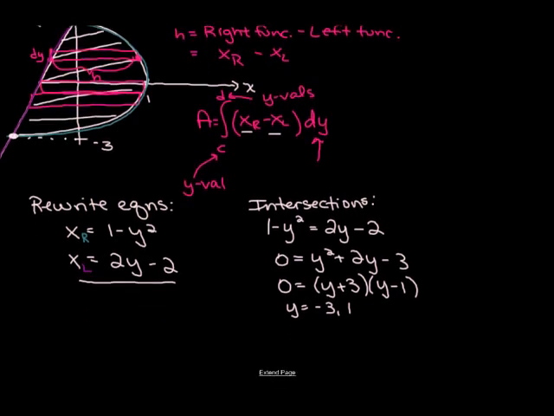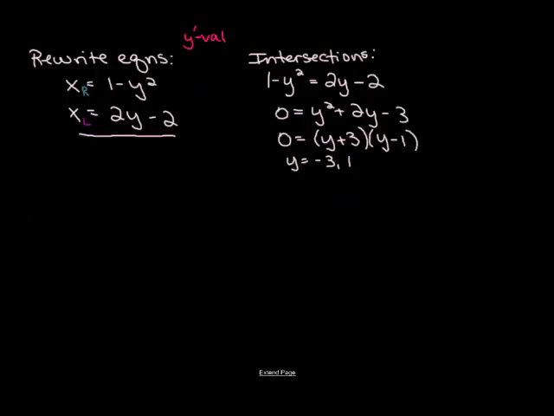Okay, so now let's go ahead and set up our area equation. So area is going to be equal to the sum of all the rectangles. So I'm taking an integral. I am summing those rectangles over the y values from negative 3 up to 1. The height of my rectangles, we said, was x right minus x left.